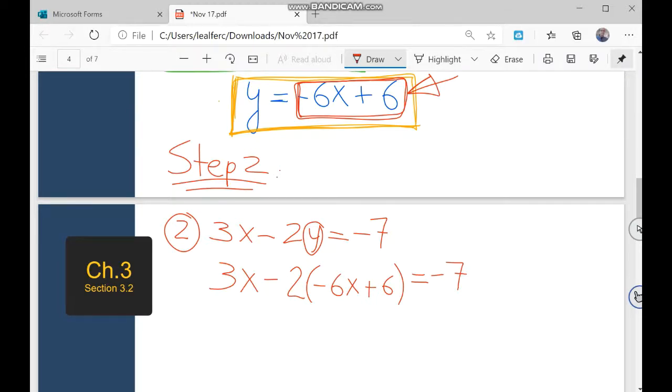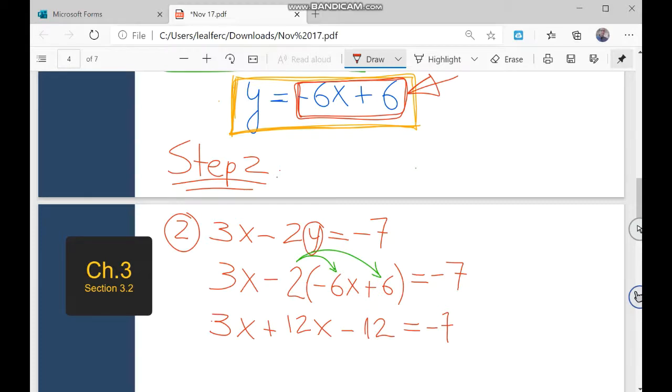Apply the distributive property to get rid of the parentheses. 3x, minus 2 times negative 6x, positive 12x. And the next one, negative 2 times 6, negative 12, equals negative 7.